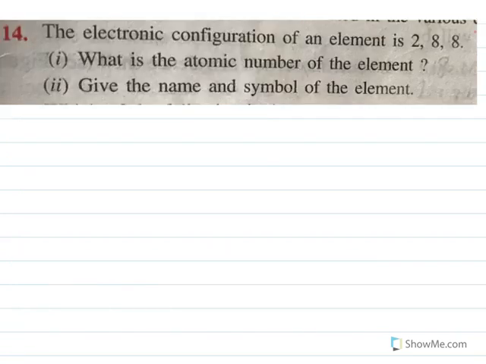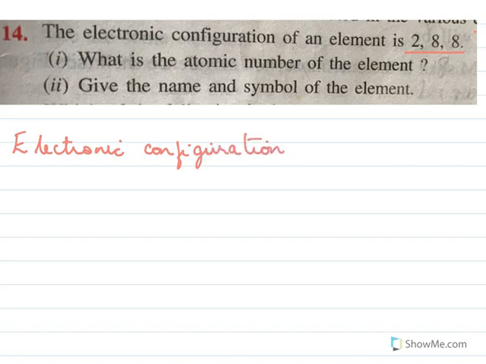The electronic configuration of an element is 288. What is its atomic number? So electronic configuration equal to 288.